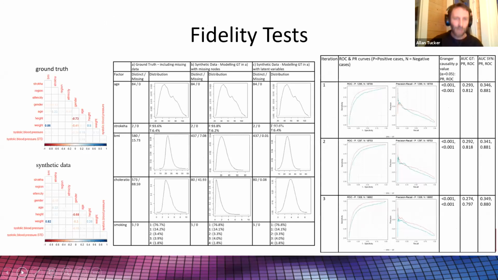Not sure if this all came out too well, but what we did, in that Nature paper as well as in an ECML conference paper, was we explored the fidelity tests. So we looked at, firstly, simple correlations between known relationships that we'd expect there. We looked at distributions, so univariate distributions, and we wanted to see whether the latent variables actually helped us to get closer to the ground truth distributions, and they did.